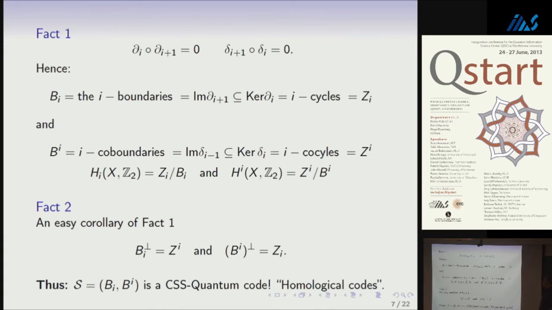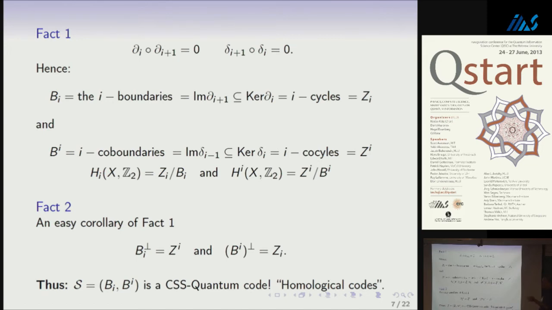Now, there is another easy corollary of fact 1 which you should work out. It's a 4 line exercise which shows you that B_i perp is exactly Z upper i, and B upper i perp is exactly Z lower i. And you remember this one contains this one and this one contains this one, so we have a quantum code.